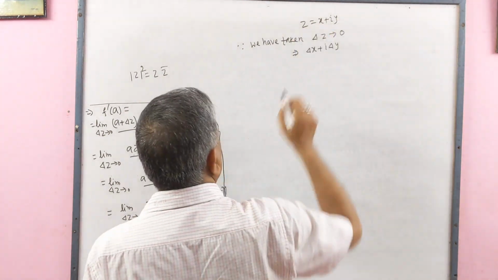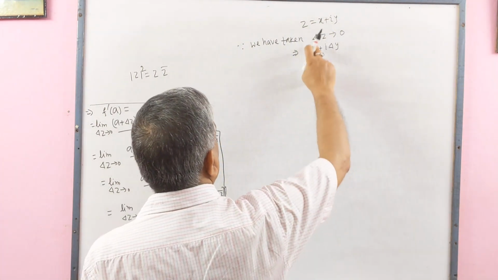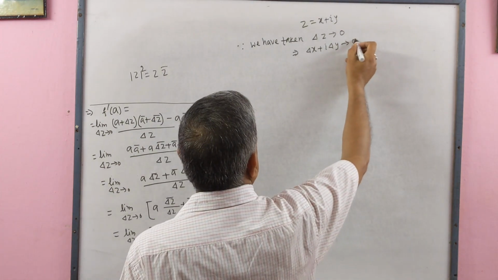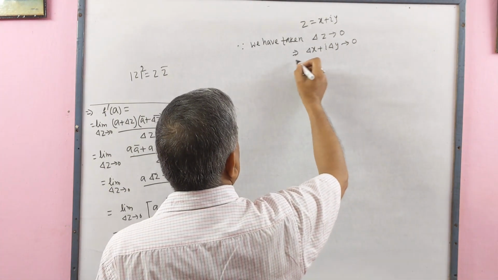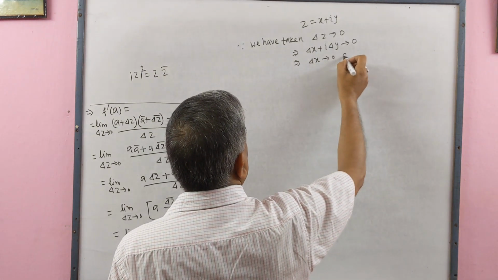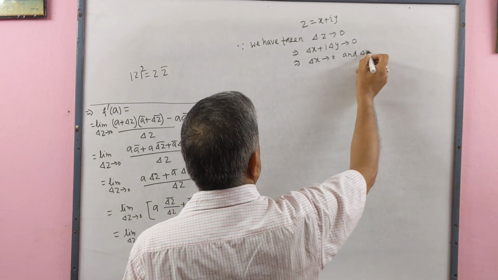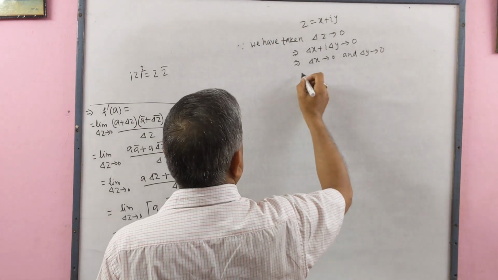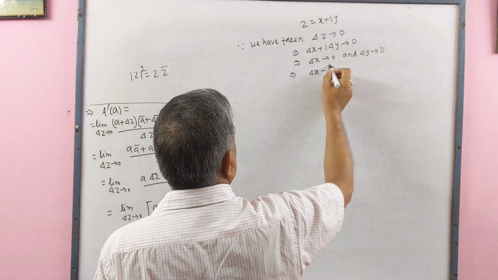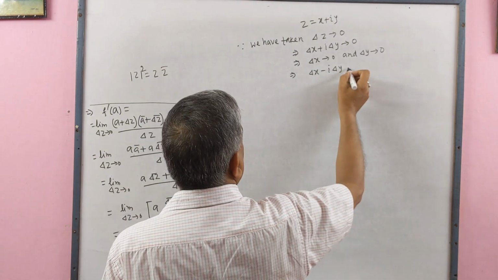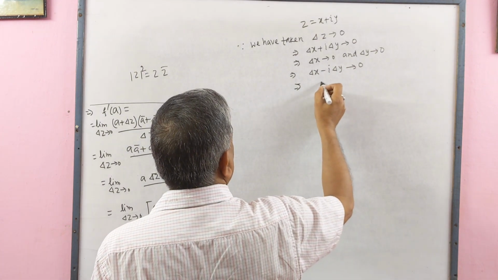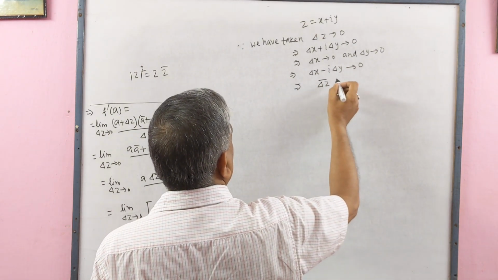So if we use delta z, then delta x and delta y tend to 0, which implies that delta x tends to 0 and delta y tends to 0, and hence delta x minus i delta y tends to 0. That is, delta z bar tends to 0.